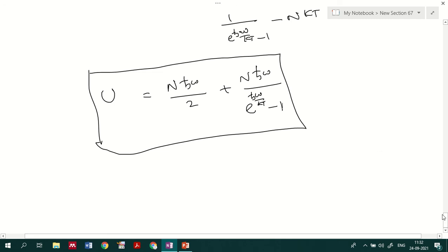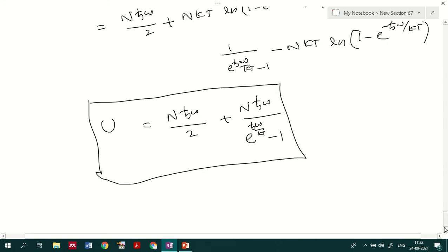Now once you get the internal energy, as usual we have to find the specific heat capacity from that.